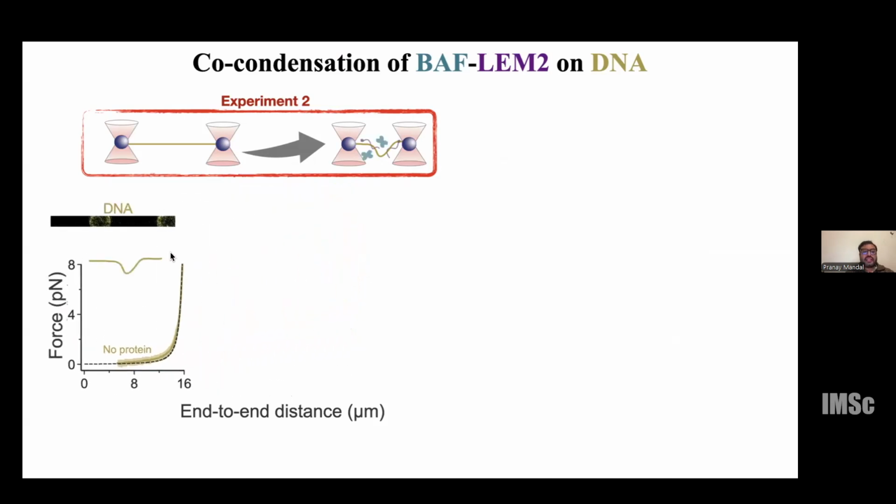Now, when we relax the DNA, nothing happens. We just see a slack in the DNA, reflected as a loss of signal, because the DNA is going out of focus from the confocal imaging, and the DNA here is labeled with a dye through which we can see it.